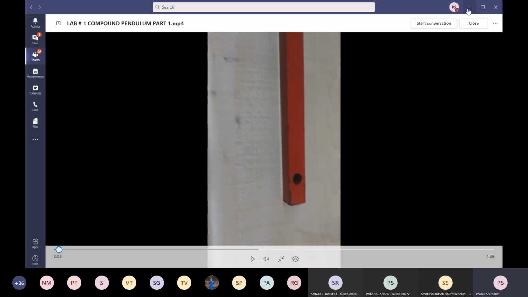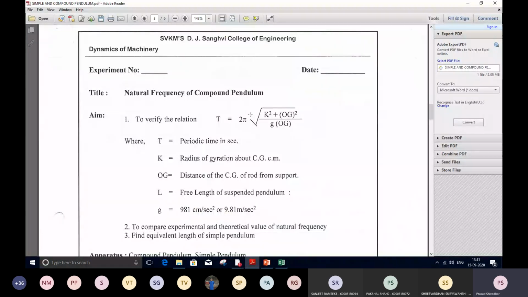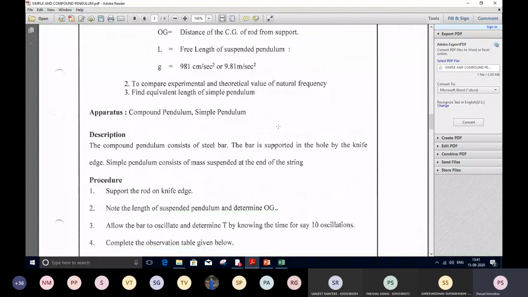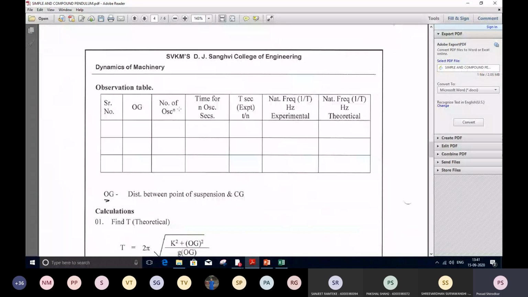So I will just open the lab manual. This is the theoretical equation. This has to be verified experimentally. So in your rough journal, prepare this observation table, all of you.